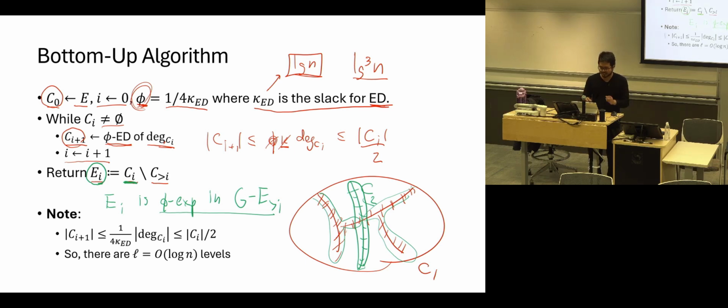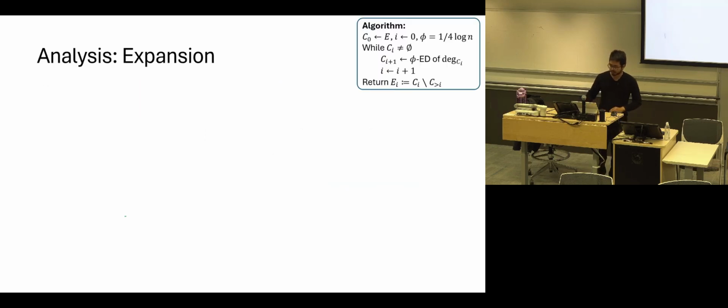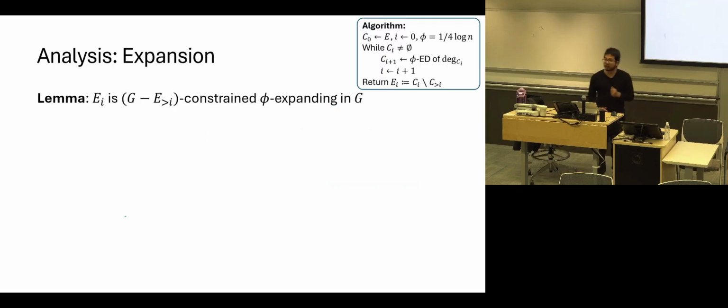We want to say that when you constrain by the component of this guy, Ei is expanding in G. That's what we want to prove. So we want to prove this: Ei is expanding when you constrain by the component of G minus E more than i. It's expanding in G when you constrain by this component.